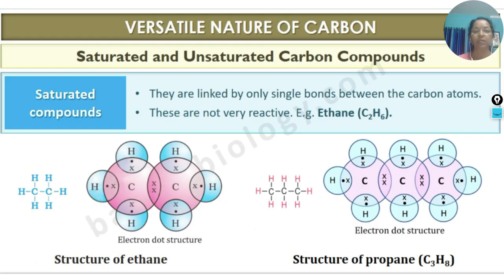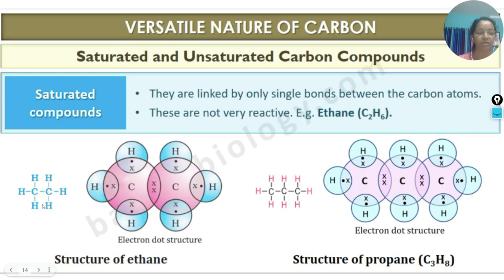Next is saturated. What do you mean by saturated and unsaturated carbon compounds? Saturated means, if you observe a saturated compound, between carbon there will be only single bond. In this case also, only single bond between these two carbons.